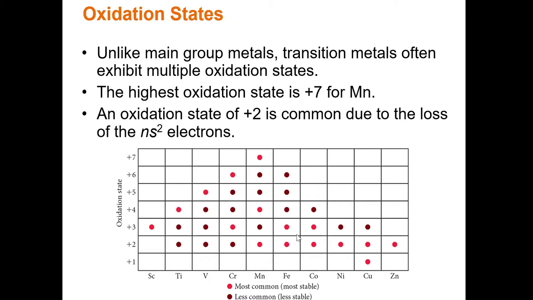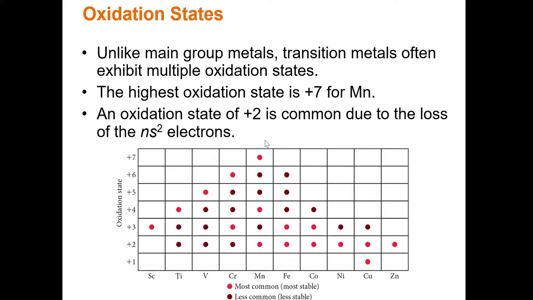This is why in Chemistry 1A, when we talked about naming compounds that contain transition metals, we had to include something about what the charge was, because we didn't know in any given case what that charge was going to end up being. So we're seeing a lot of variations here in possible oxidation states.